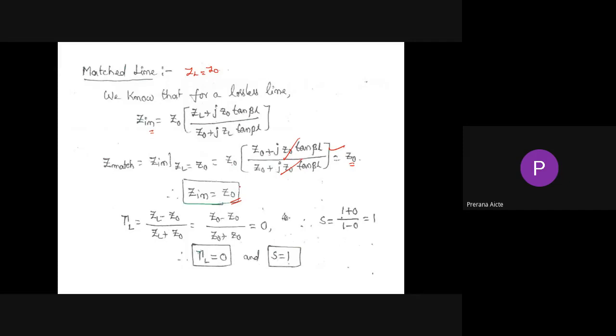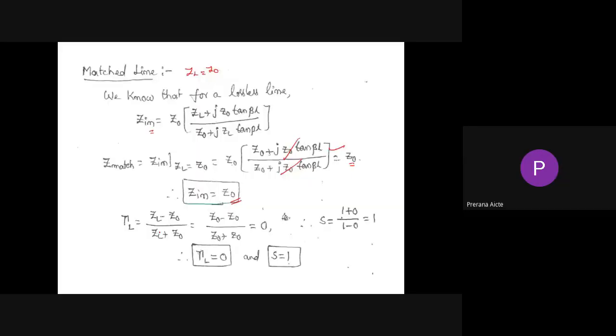Once the impedances are matched, there is no reflection that we will see here. Delta L is equal to ZL minus Z naught divided by ZL plus Z naught. Here you can substitute ZL equal to Z naught. Z naught minus Z naught is 0. 0 divided by anything is 0.